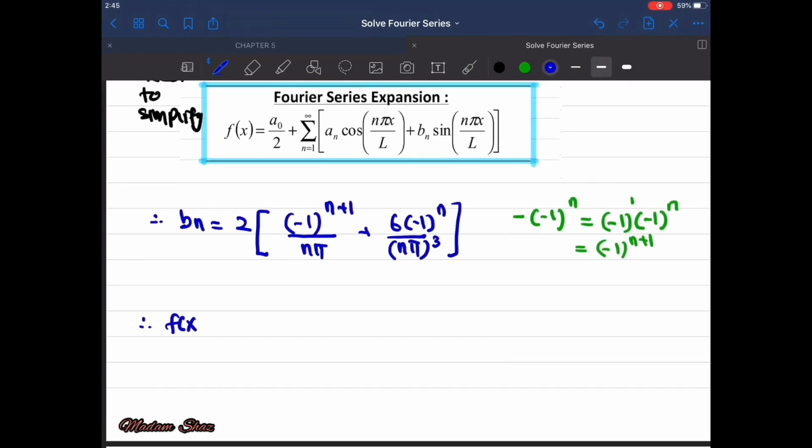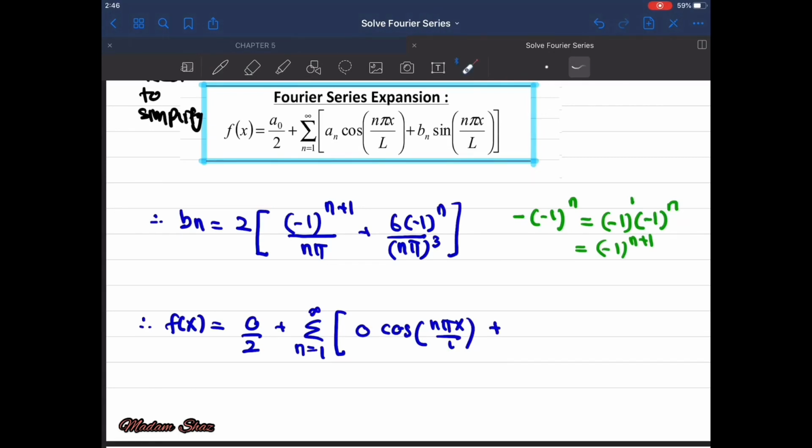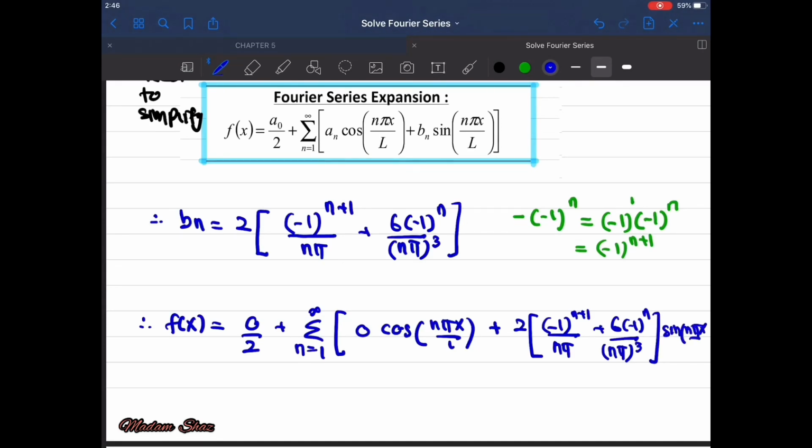So therefore fx is equal to a0 divided by 2, 0 over 2 plus summation n equal to 1 until infinity, an which is 0 multiply cos n pi x over 1 plus 2 multiply negative 1 n plus 1 divided with n pi plus 6 negative 1 n pi power of 3 multiply with the sin n pi x over 1.